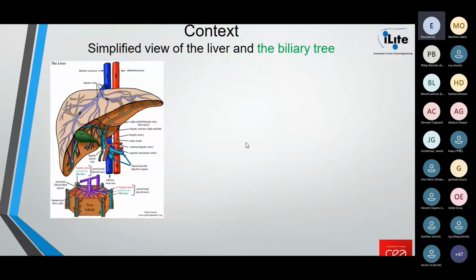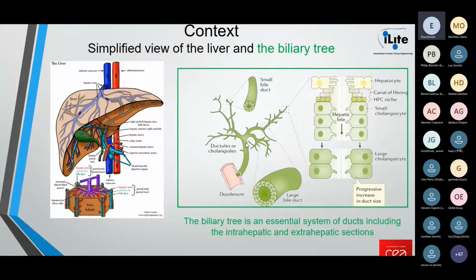The biliary tree may be found in all the liver at different scales. It is important to transport the bile from the hepatocytes and drain it out of the liver, because the bile is very toxic for the hepatocytes.